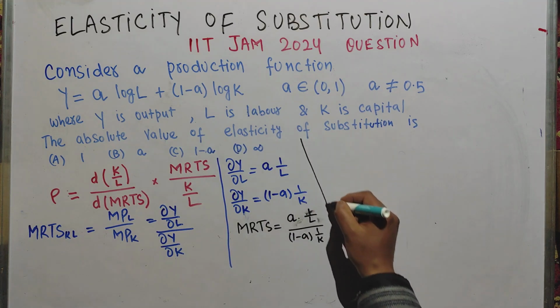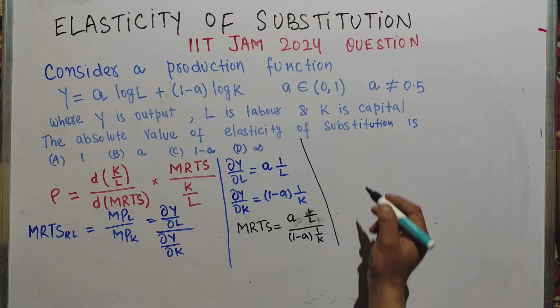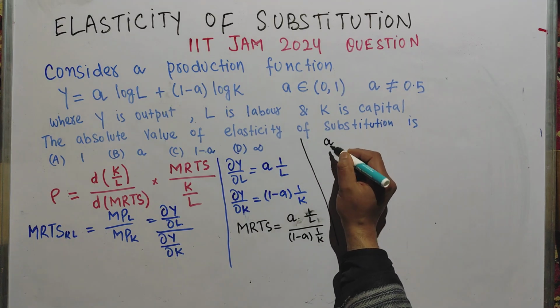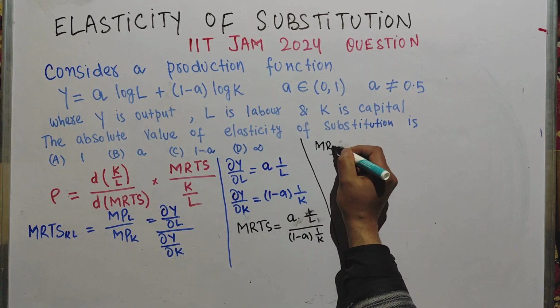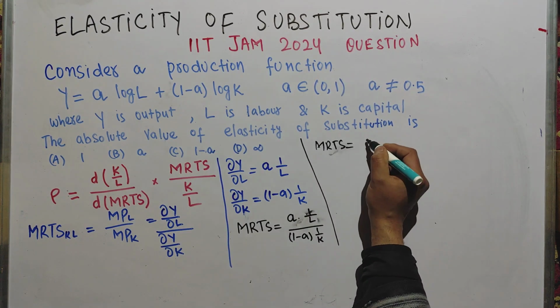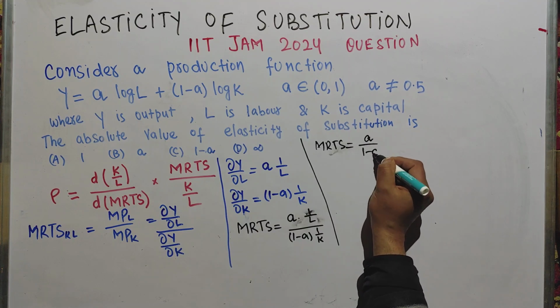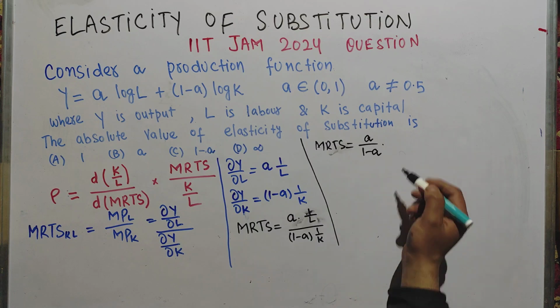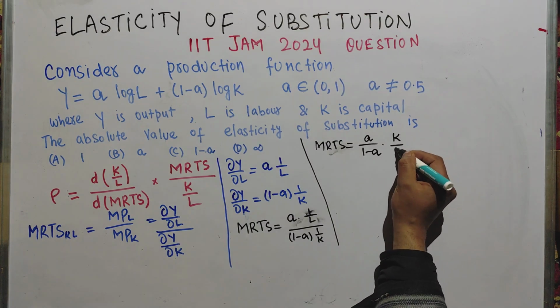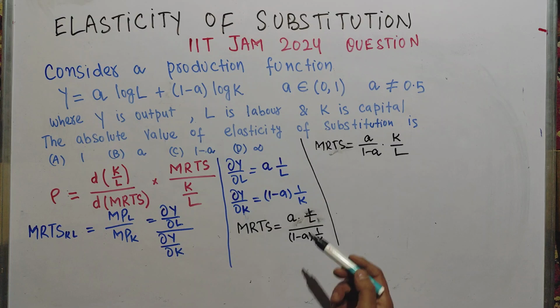Okay, solving this further, MRTS is equal to a upon 1 minus a times 1 upon L divided by 1 upon k, which becomes k upon L. Okay, so this is our marginal rate of technical substitution.